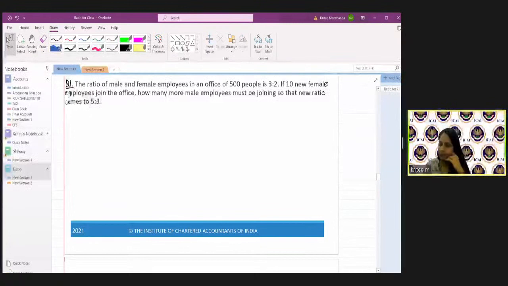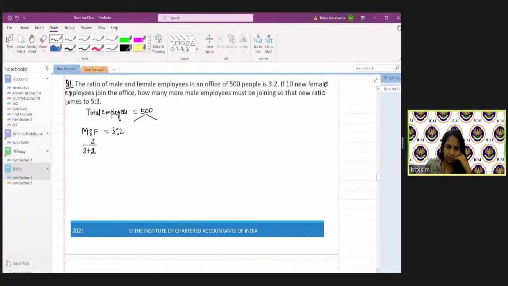Let's do it. So this question says total employees are 500. The male and the female ratio is 3:2. Let's divide. 3:2 means 3 plus 2 would be the total. If 3 is the male, 2 is female, so the total will be 3 plus 2.